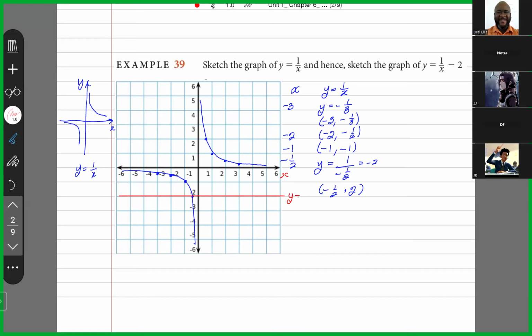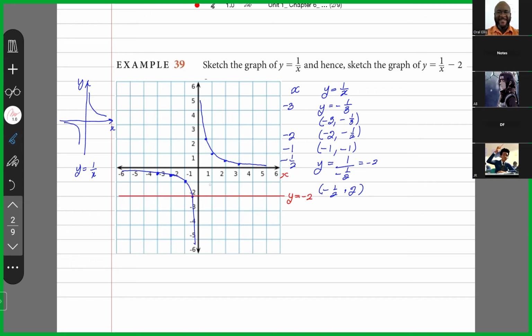So this is y is equal to minus 2. For the original graph, the x-axis was the horizontal asymptote, but if this graph is moved 2 units vertically downwards, the new horizontal asymptote is going to become the line y is equal to minus 2.